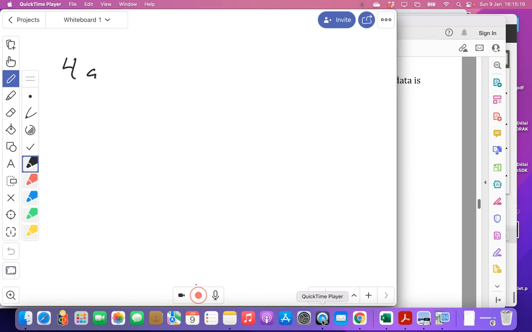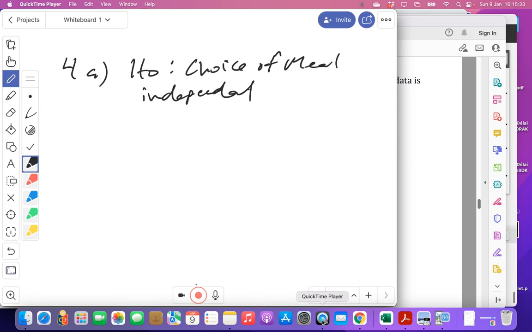So H not is choice of meal or meal choice is independent, I like that word, of age. Okay, so there I have my 2 variables and the word independent in between there.